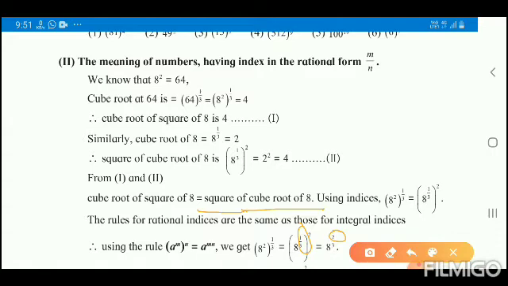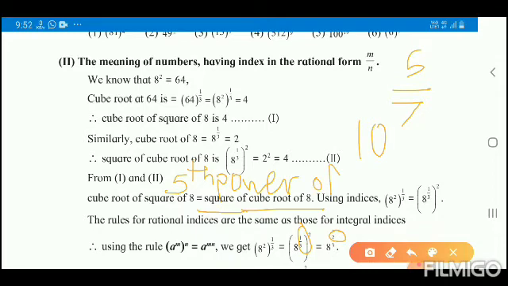Okay, suppose here 10 raised to 5 upon 7, then how to write this number? Here the index is 5, so fifth power of, and the root is 7th.